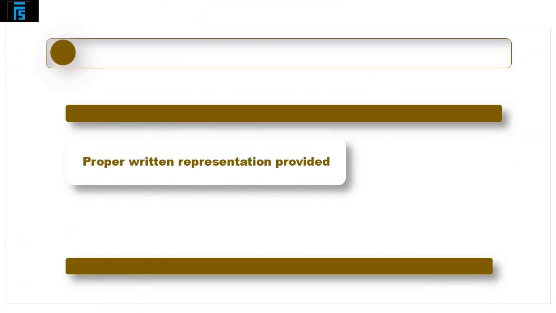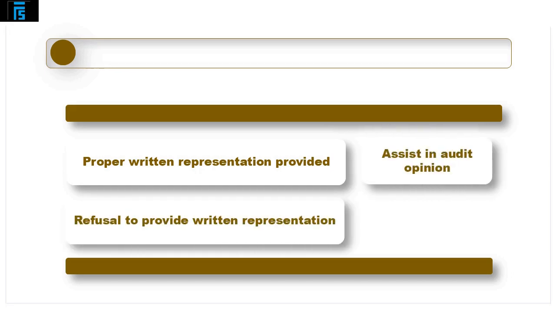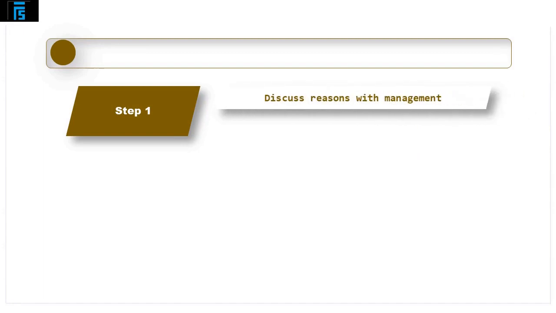If the management provide a written representation to the auditor with no inconsistencies, then the auditor will be satisfied that, as evidence, this will assist in forming the audit opinion. If the management refuse to provide written representations, steps should be followed by the auditor. Firstly, the auditor should discuss with management the reasons why they will not provide written representations.